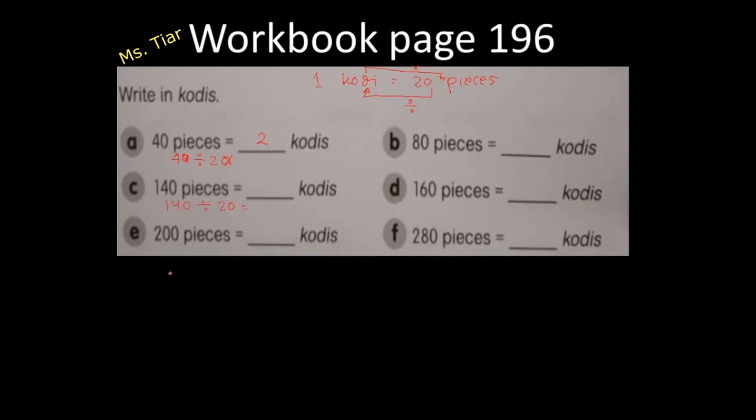So easy, right? 200 divided by 20, and then 80 divided by 20, and then 160 divided by 20, 280 divided by 20. I'm gonna help you with question F. Cross the 0 here. Now you divide 28 divided by 2. Of course, you get 14 Codys.